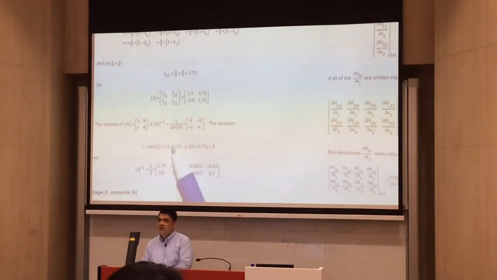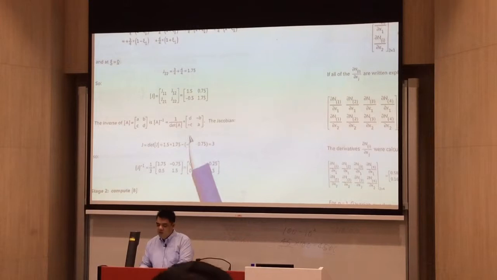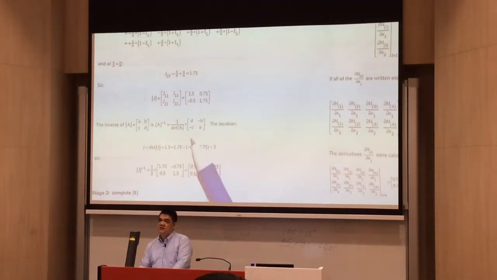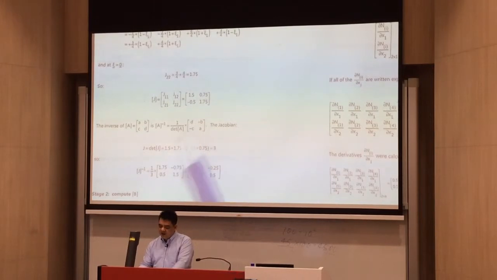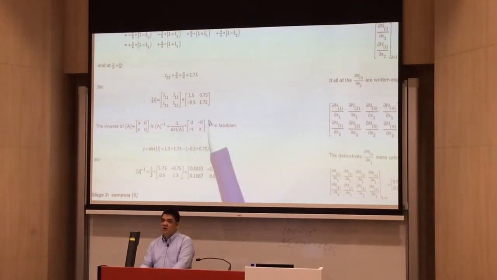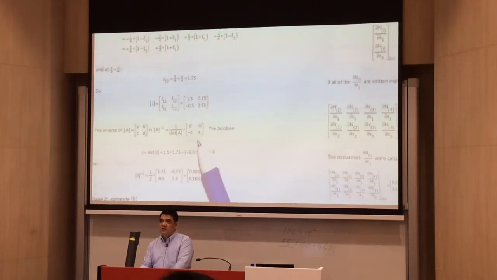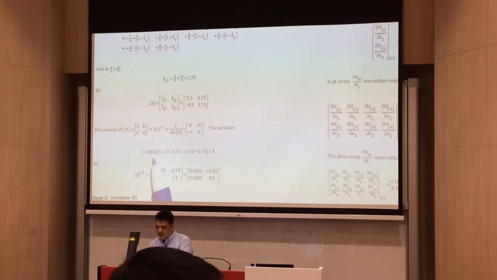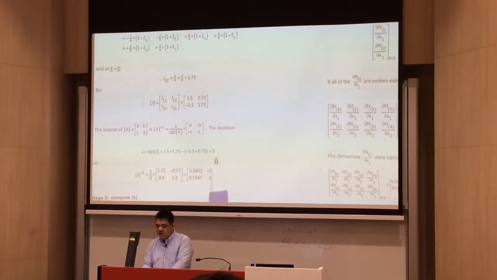So you have a way to take the inverse of this Jacobian matrix. Take the adjoint divided by the determinant. So you get now your inverse of the Jacobian. And the value of your Jacobian is simply taking the determinant of your Jacobian matrix, which is 3.